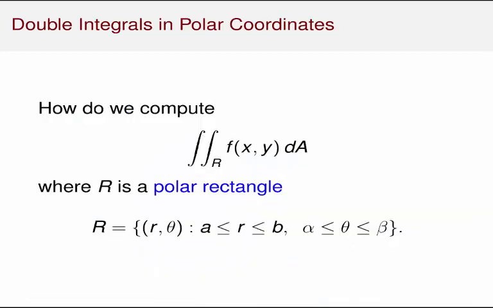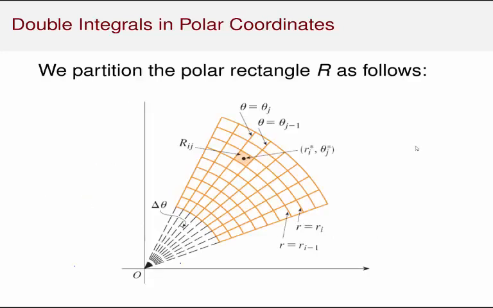Alright, the question is, how do we compute a double integral of a function f of x and y over such a polar rectangle R? Well, first we partition the polar rectangle into smaller regions by partitioning the underlying polar coordinates.